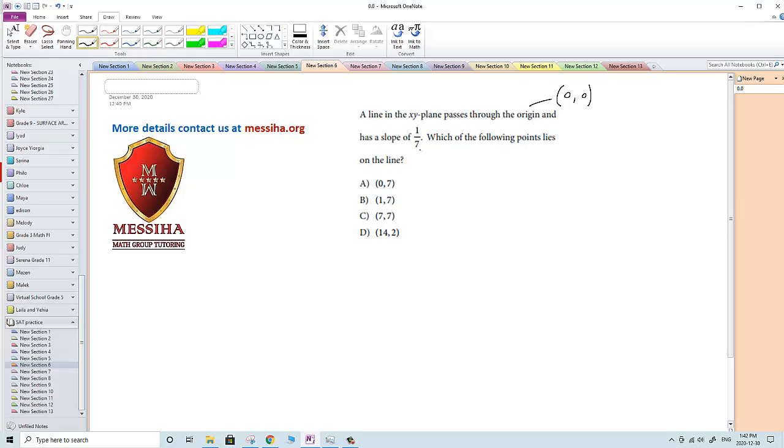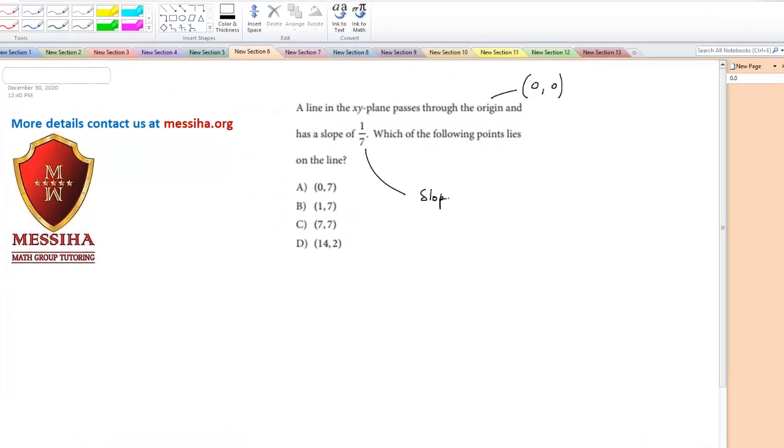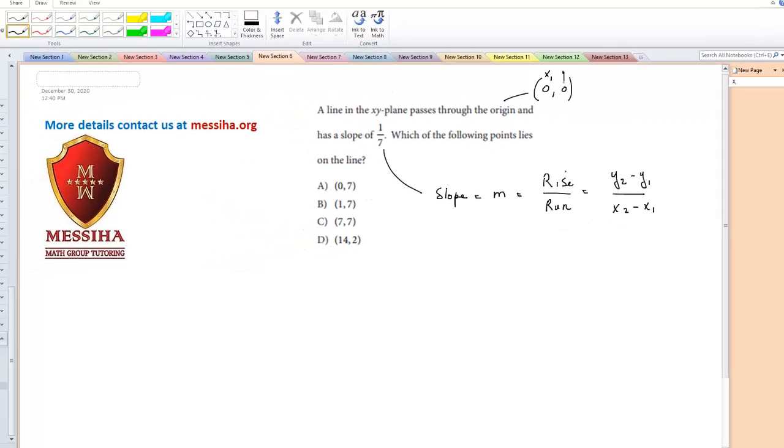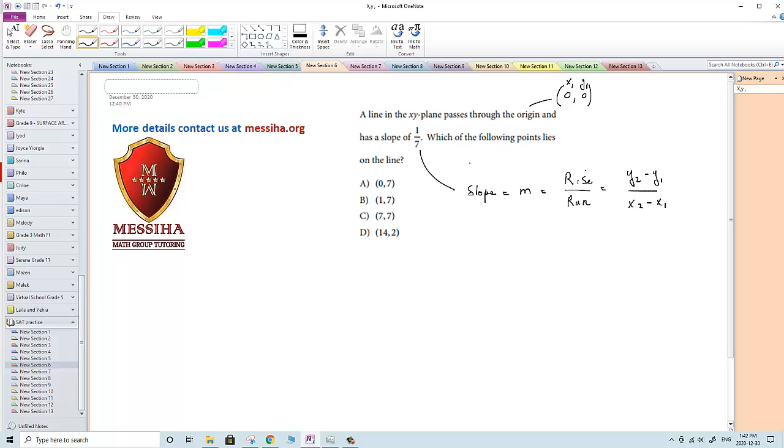Slope means m, which means rise over run, the difference of the y's, rise, y2 minus y1, over the run, x2 minus x1. Now, I already have one point, so I can say this could be x1 and y1. Which of the following points lie on the line?